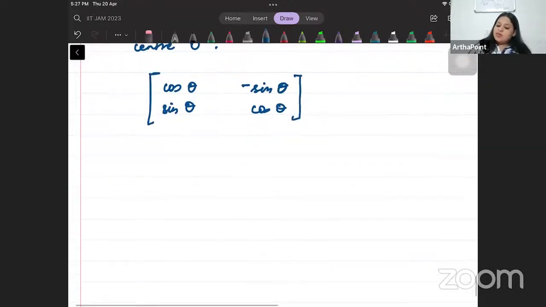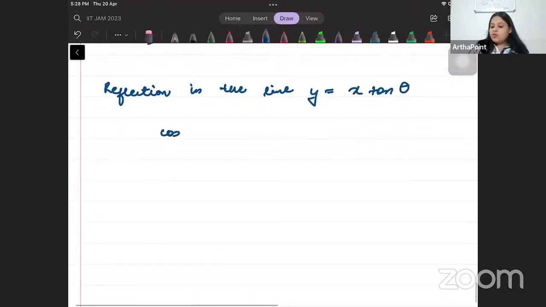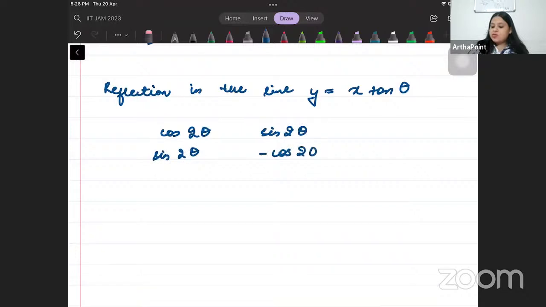And if they are asking you reflection in the line y is equal to x tan theta, then your matrix will be cos 2 theta, sin 2 theta, sin 2 theta, minus cos 2 theta. These are your two formulas, very important from the point of view of matrices.